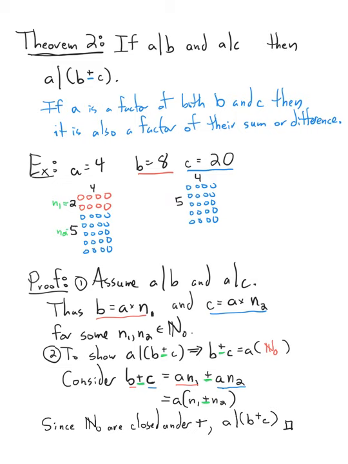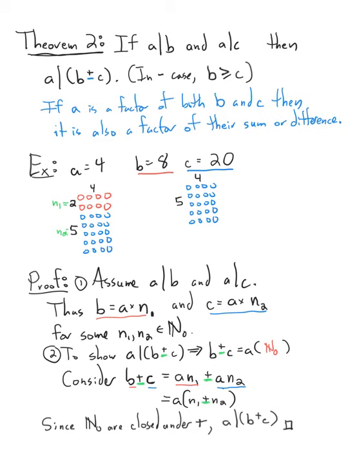The only thing you'd have to make sure of, because we don't want to end up with negative numbers, is that in the subtraction case we need that B is indeed greater than or equal to C. So when we do the subtraction, we don't end up with a negative number. But I do want to stress that if we allow integers, we don't have to make this assumption. Everything would just work.